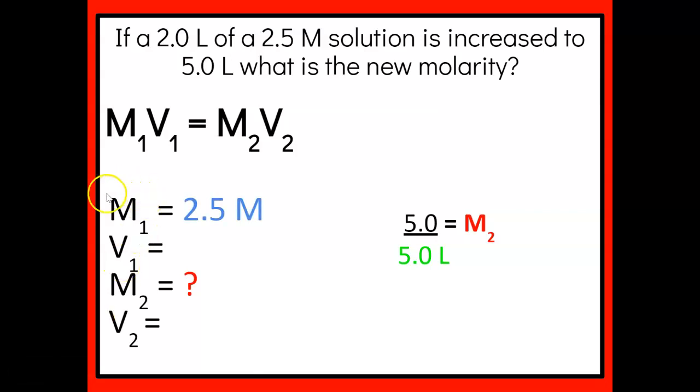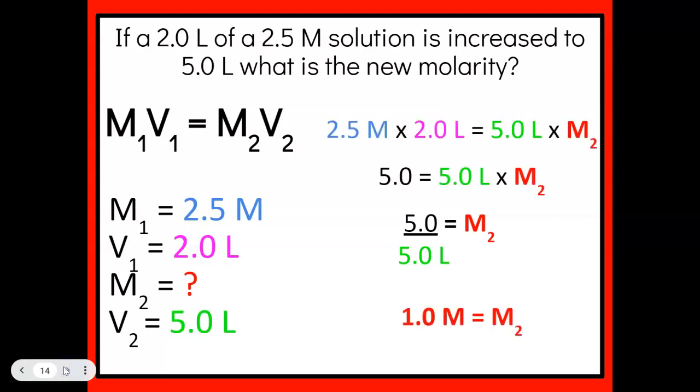Our M1, so our first molarity, is 2.5 molar, okay? Our first volume is 2.0 liters. We're looking for the new molarity, so we're looking for M2. And our new volume is 5 liters.